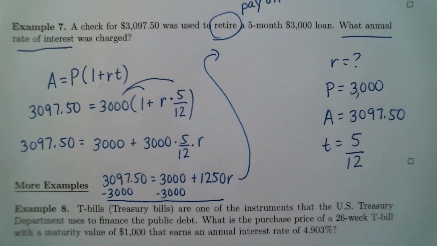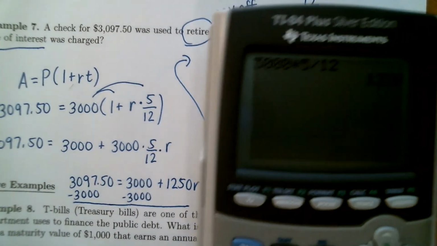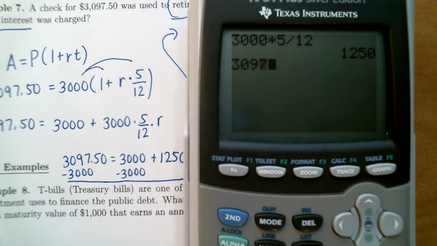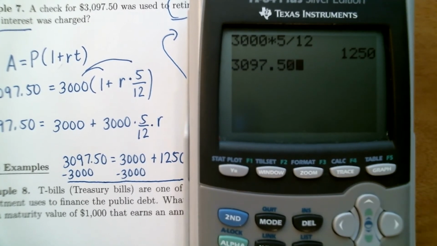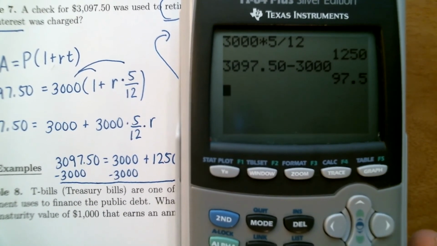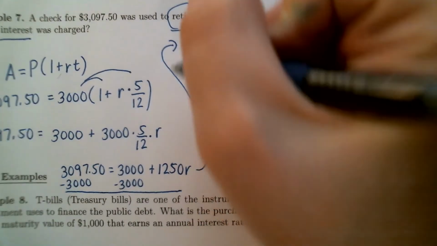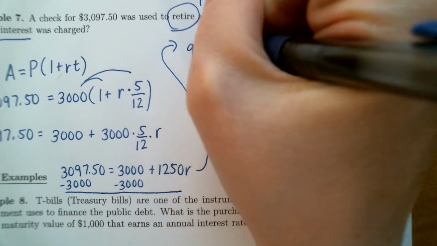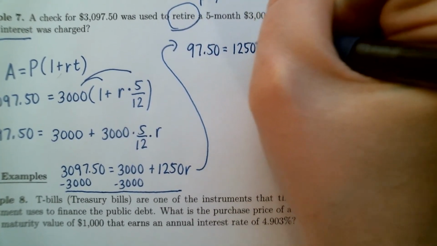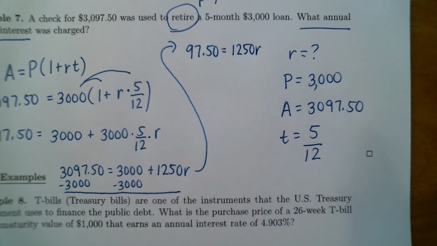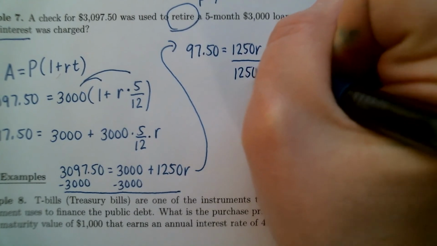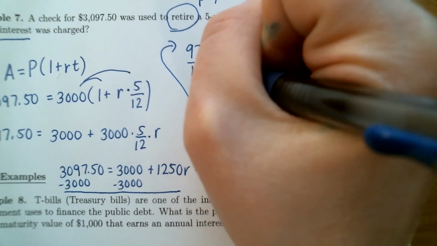So we're going to get $3,097.50 minus 3,000. That's going to give us $97.50. So that is equal to 1,250 R. And then if you want R, you need to divide both sides by 1,250.